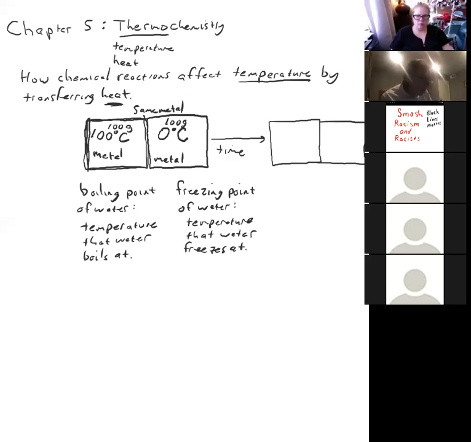If you give it enough time, the first metal will be 50 degrees C and the second one will also be 50 degrees C. So this one has gotten cooler, right? It went from 100 down to 50. And the other one has gotten hotter. It's gone from 0 up to 50. What we would claim is that this process involves a transfer of heat.